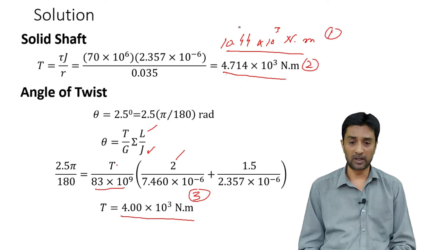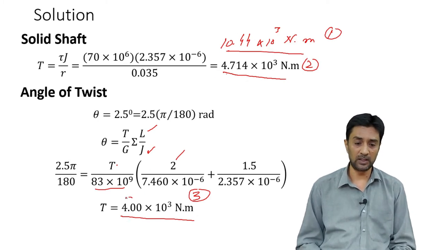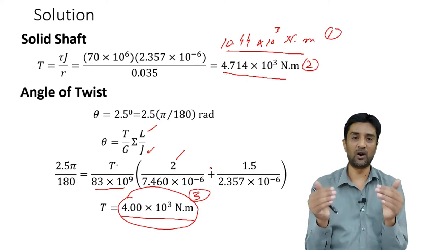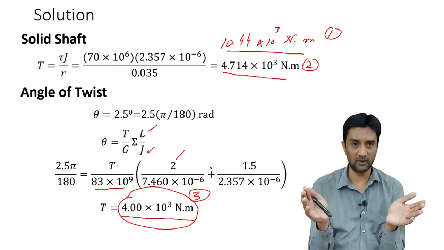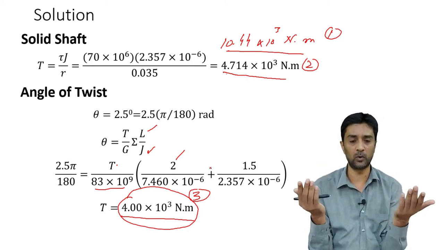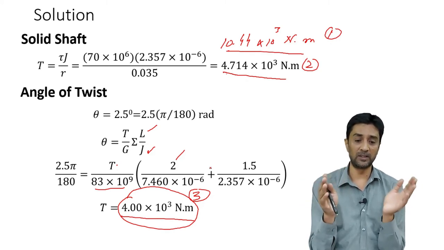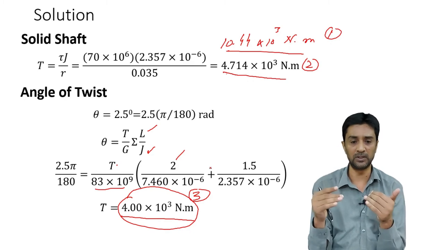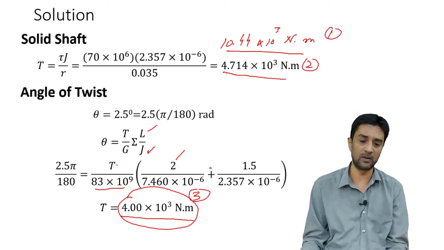So by comparing these three, you can see that this is the torque that you can apply to satisfy all three conditions. Though there are only two conditions, but the third condition, the difference between solid and hollow, उसकी वजह से हमने तीन करें. So there are three conditions altogether.